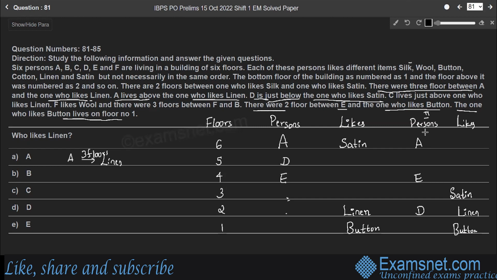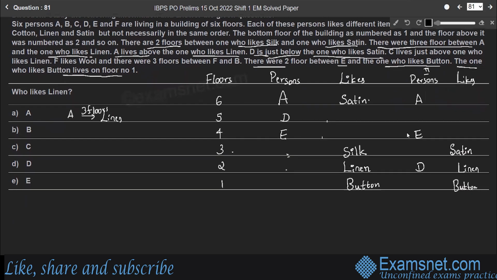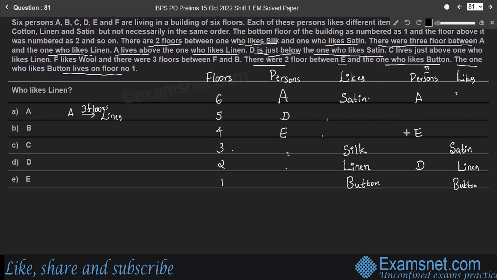Also it is given that there are 2 floors between the one who likes silk and the one who likes satin. Consider the first case, where the one who likes satin is A. There are 2 floors between satin and silk, therefore the one who likes silk lives on the 3rd floor in case 1. In case 2, A likes silk, so there are 2 floors between silk and satin.